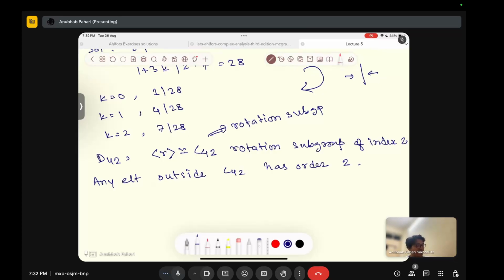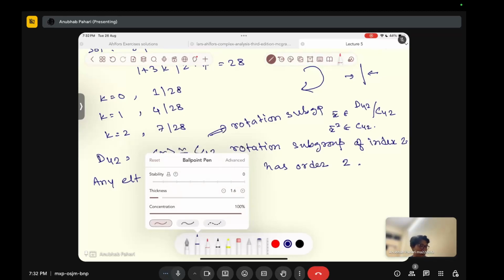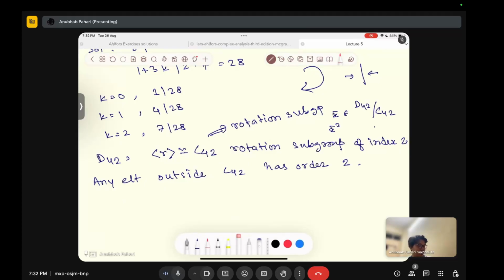Because D42 by C42 is a cyclic group of order 2. So if you take any non-trivial element from here, x bar squared is the identity, so this implies that x squared belongs to C42.